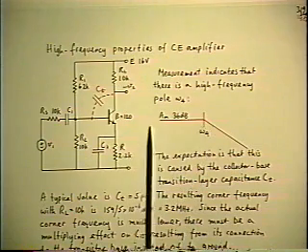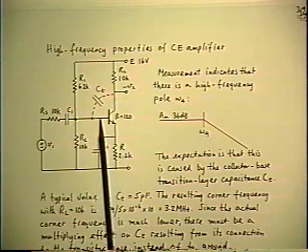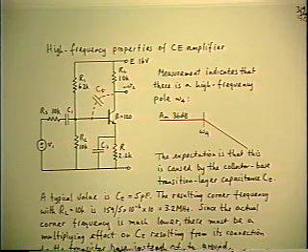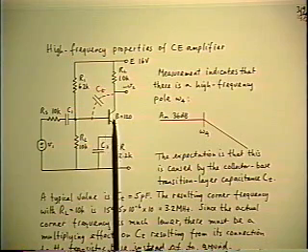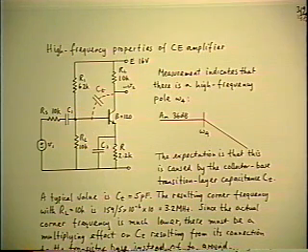So the first thing that comes to mind is that maybe the collector base internal capacitance of the transistor is responsible for the pole. This is a typical small signal amplifying transistor whose collector base capacitance is normally in the range of 5 to 10 picofarads.